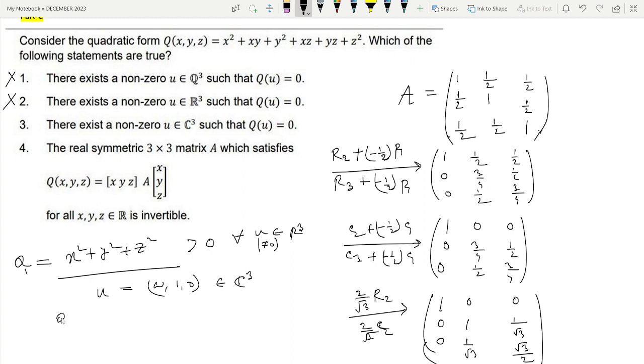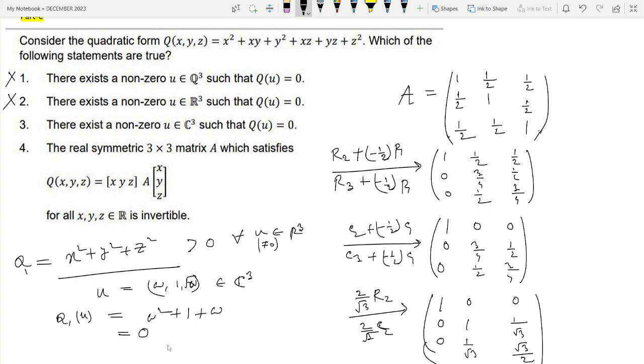Then see here our Q1(u) will be our omega square plus 1 plus omega, and we know that 1 plus omega plus omega square equal to 0.